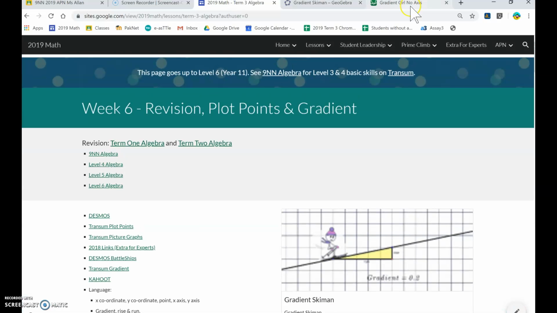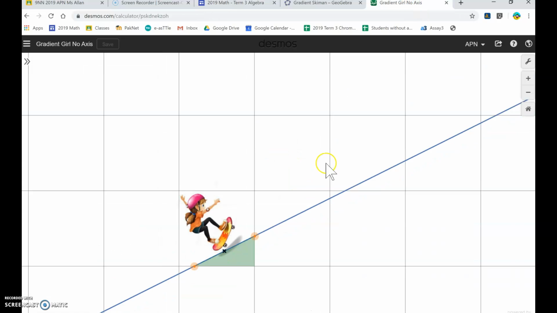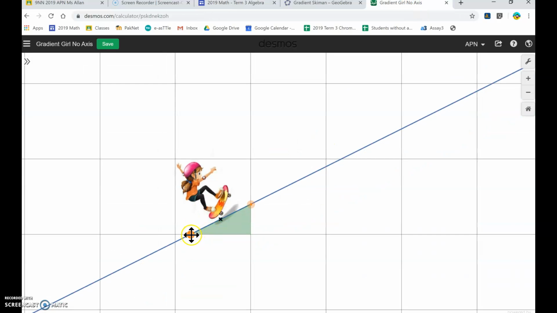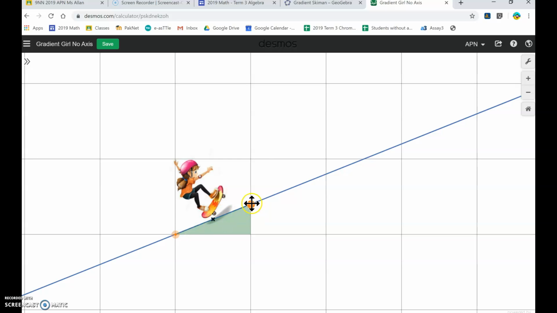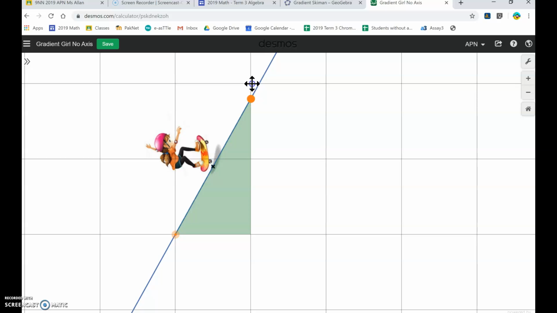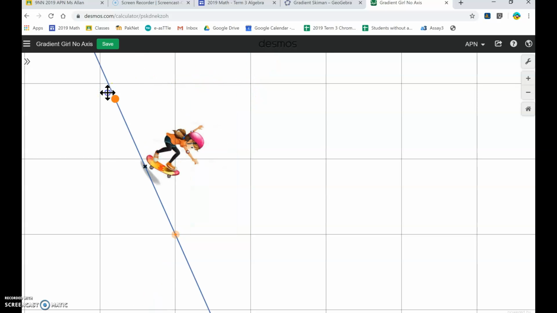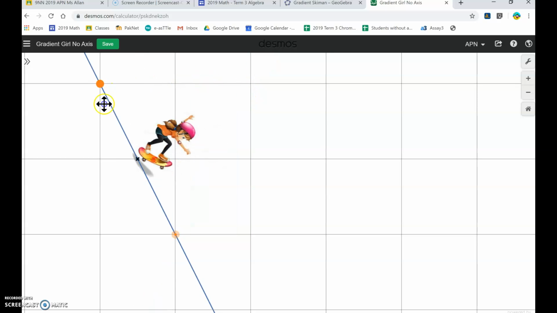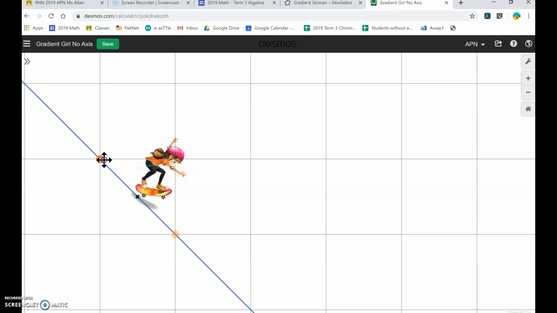Okay, we can also do it in Desmos. So here we have our little gradient girl, and that would be a gradient of 1, a gradient of 2, a gradient of negative 2, a gradient of negative 1. You get the idea.